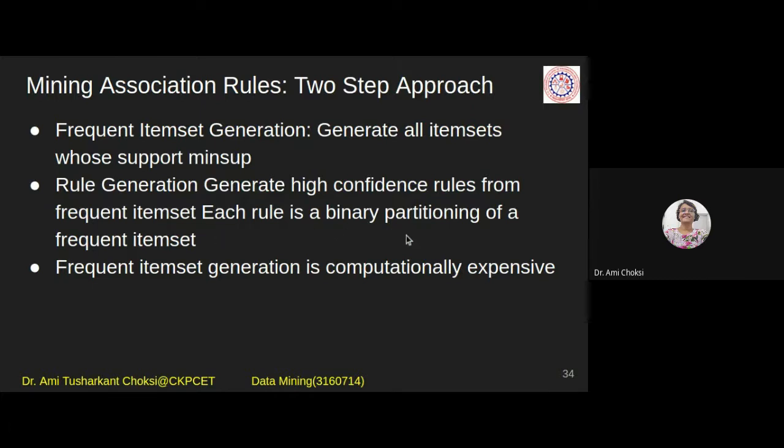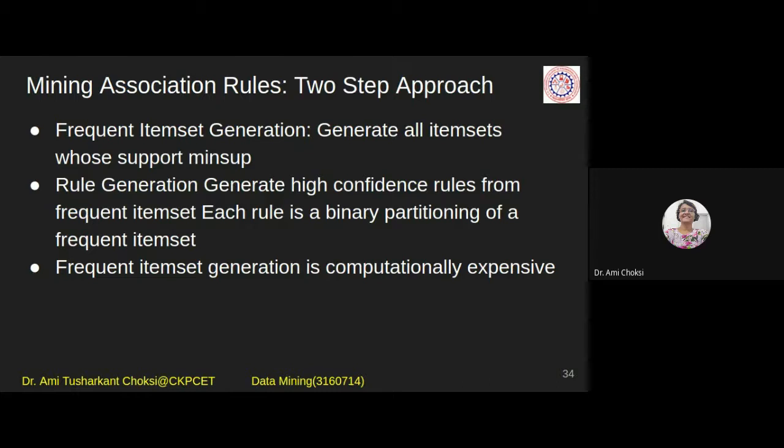What do we mean to say? Rule generation means we'll consider two frequent items and we'll try to have a rule between them. Now let us try to consider the third frequent item and try to have the combination of them. If with 3 also we are having the things, try to have the 4th item, which is also frequent, and try to have the combination of that.